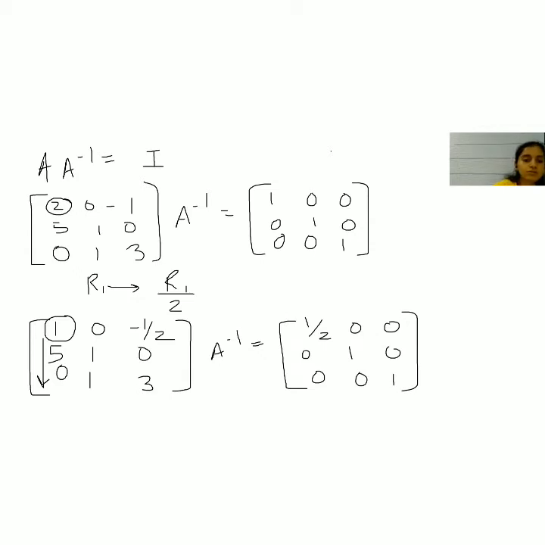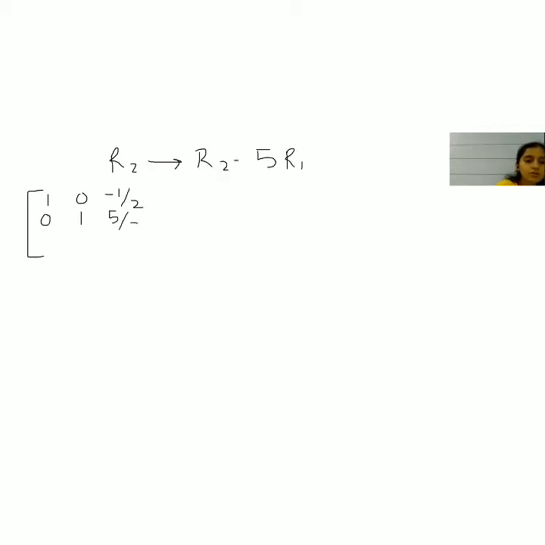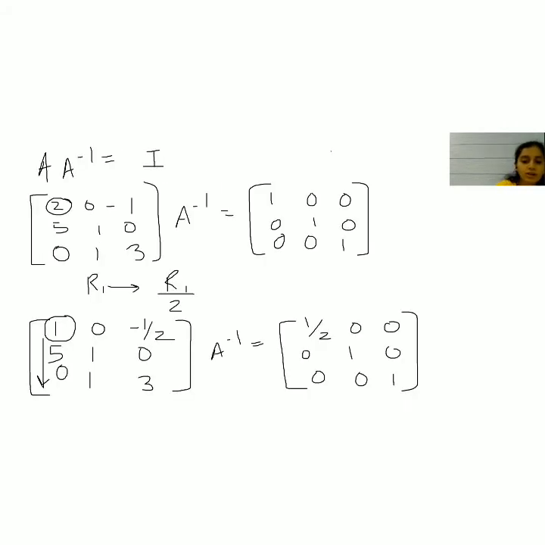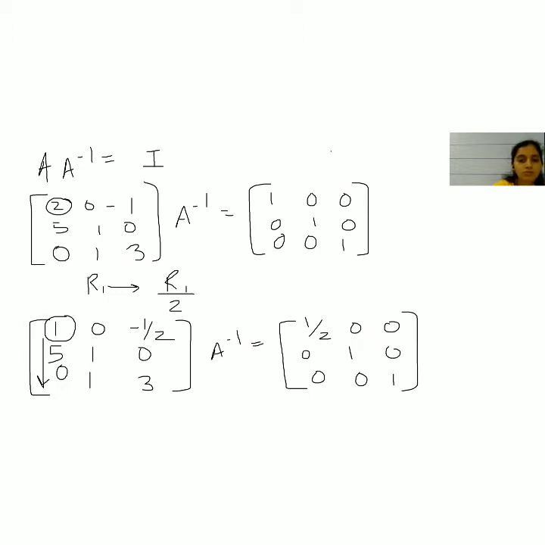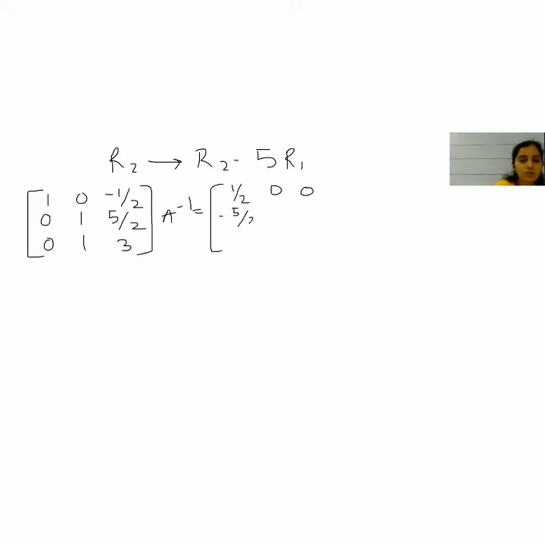The third row remains 0, 1 and 3. On the right side, the matrix also changes. We will have half as it is, 0, 0. Then 0 minus 5 by 2, so minus 5 by 2, and the rest remains as it is.